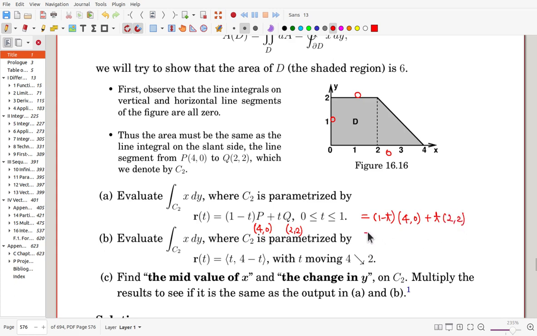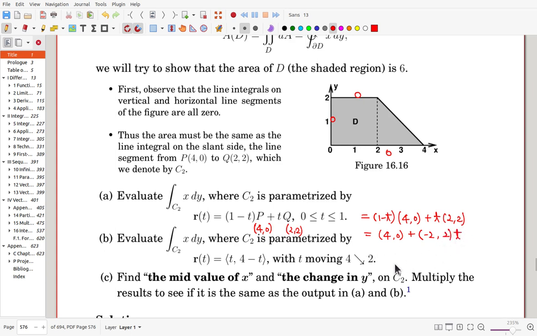That is the same as (4, 0) plus, there is subtraction, (minus 2, 2t).